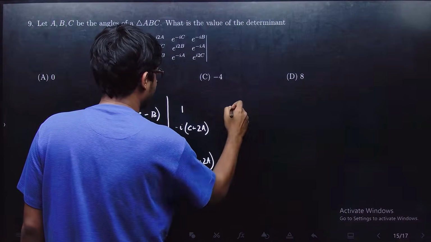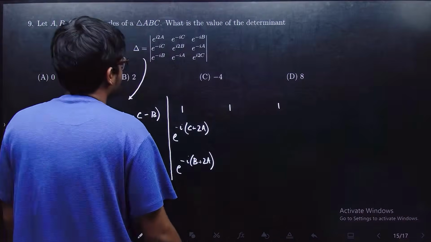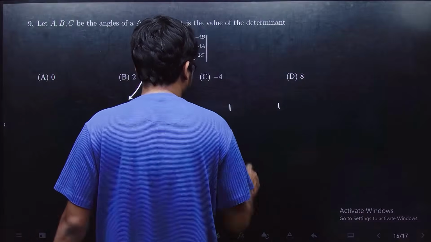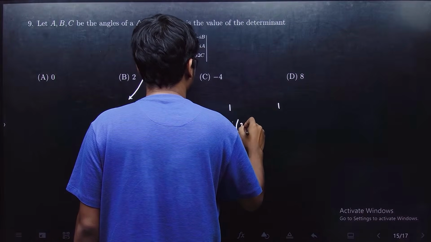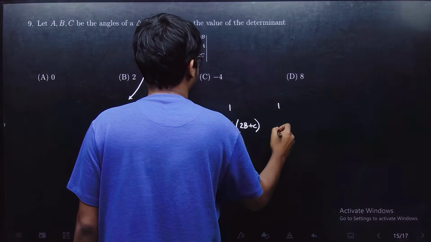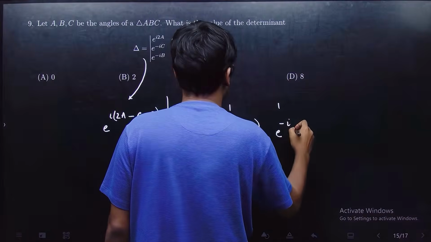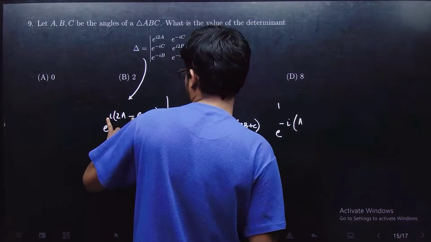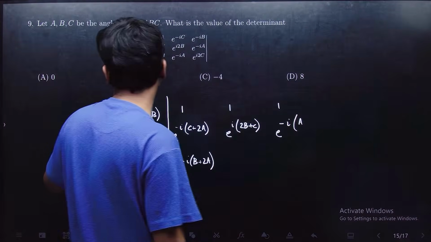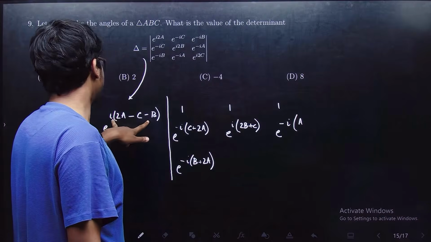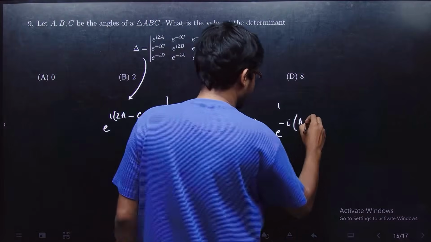Similarly, this is going to be, second column, 2b plus c, right? It's going to be e to the power iota, you're taking b common from here, right? That's iota a, you took b common, right? So minus iota b plus iota b you want, right?